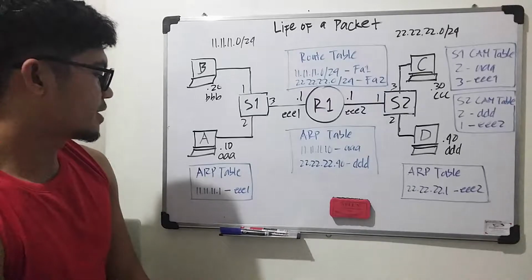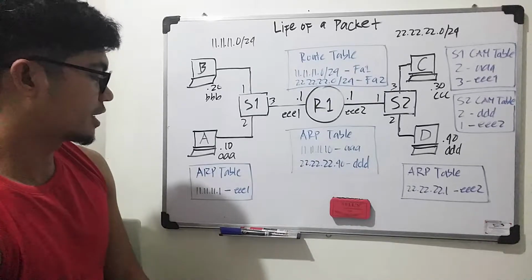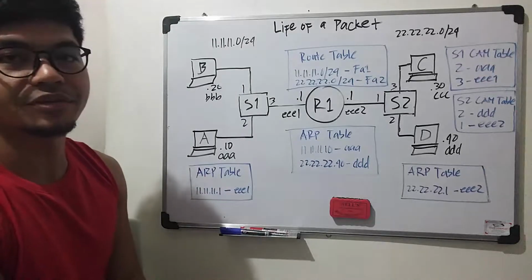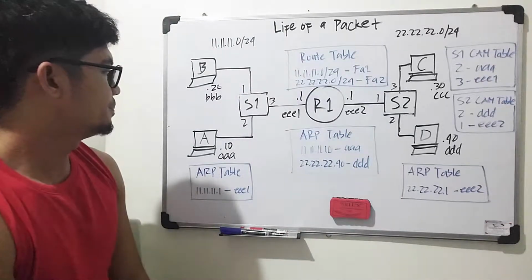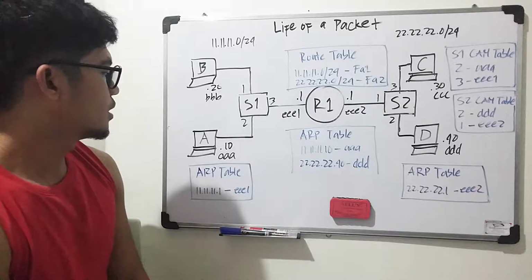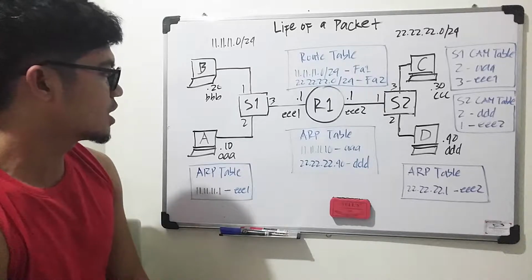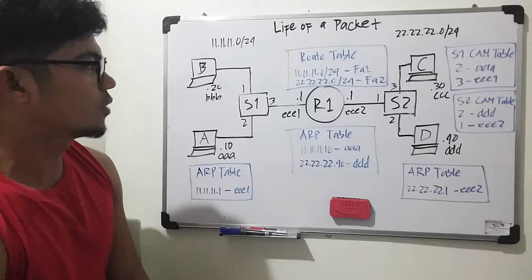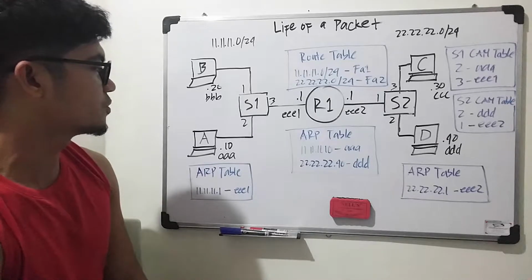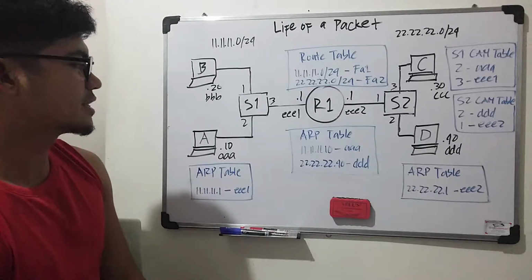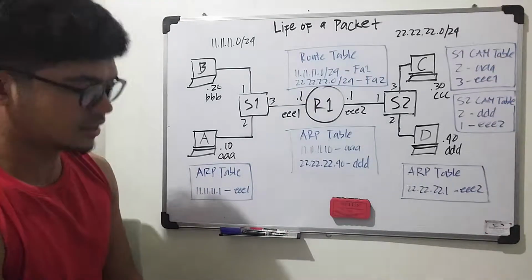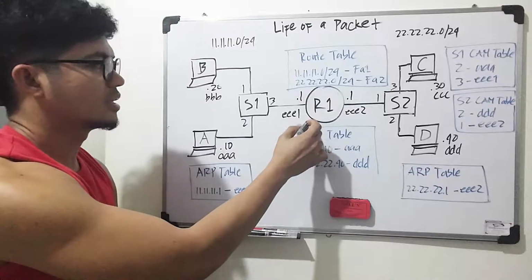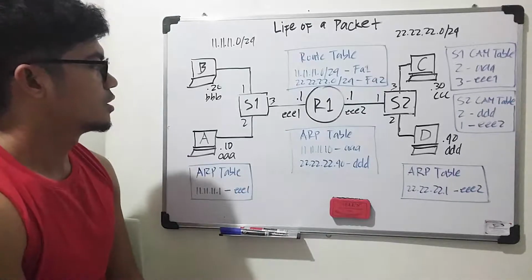It's going to know that the destination belongs to a different network. But host A doesn't know router 1's MAC address yet. So what host A is going to do is create an ARP request for router 1's MAC address.